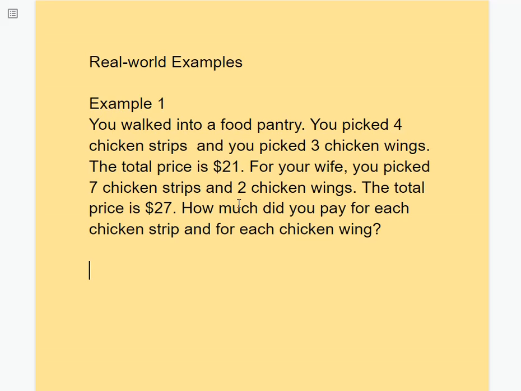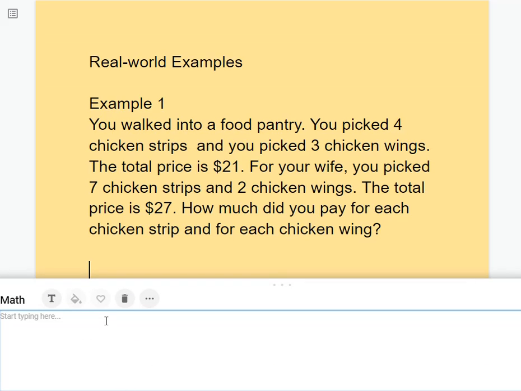So we'll put that in equation format. For chicken wings, we abbreviate it W, and for chicken strips we are going to abbreviate it S. So you chose 4S, right?